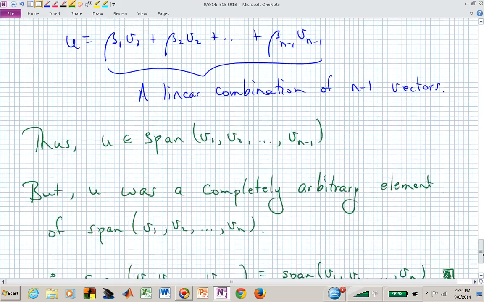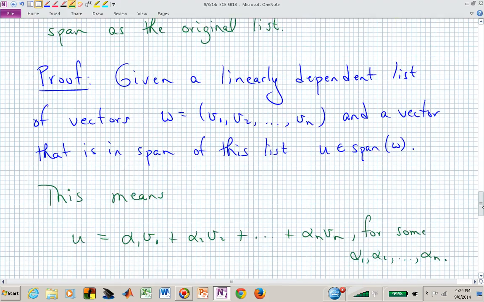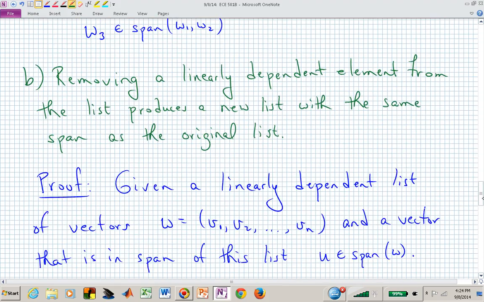We were trying to show that if we remove a linearly dependent element from the original list that we have, then we are not changing the span of our original set. And we've now demonstrated that or proved that.